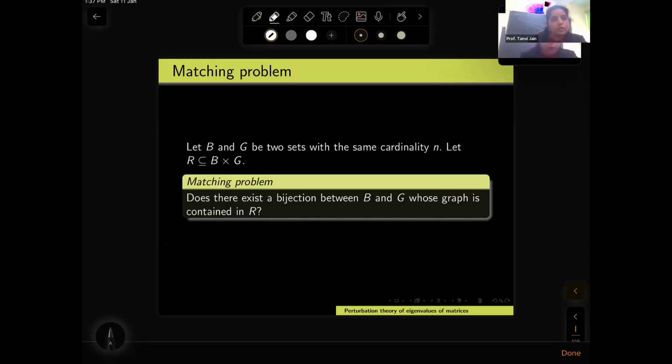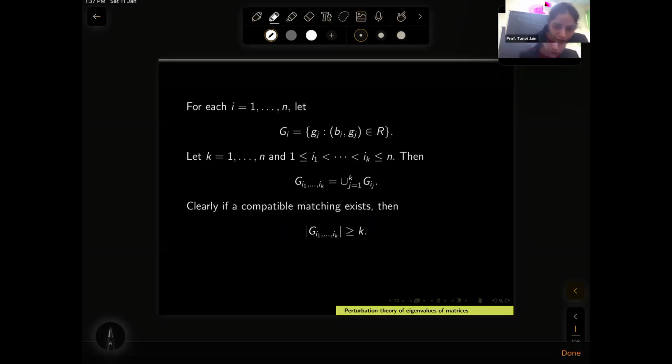What we prove now is that, although we don't have a way of ordering, the optimal matching distance d(lambda(A), lambda(B)) is less than or equal to the norm of A minus B for two unitary matrices A and B. That is a nice result that we have.